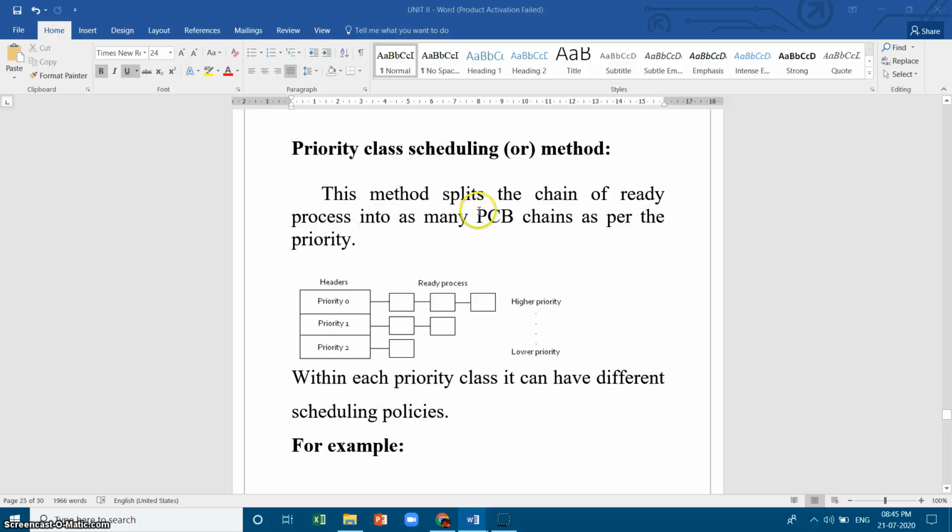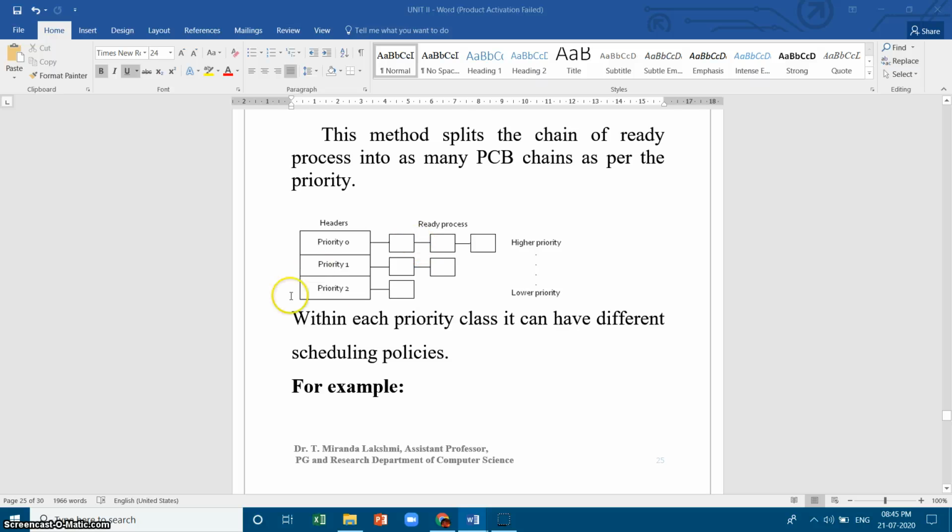In this method, the ready queue will be split into chains. Let us consider this diagram: we have priority headers, priority 0, priority 1 and priority 2. Here you have your ready processes: P1, P2, P3, P4, P5, P6, any processes.